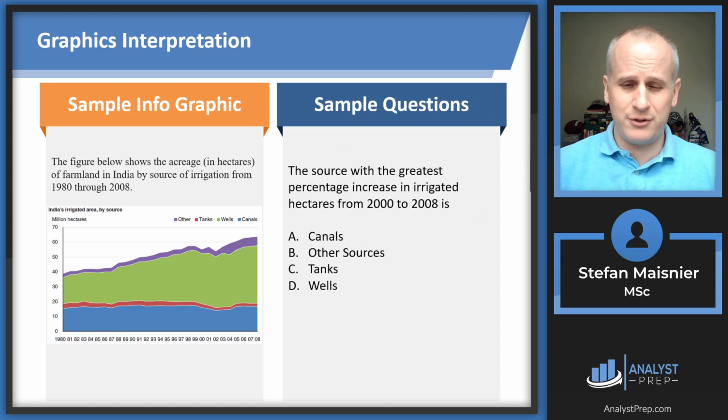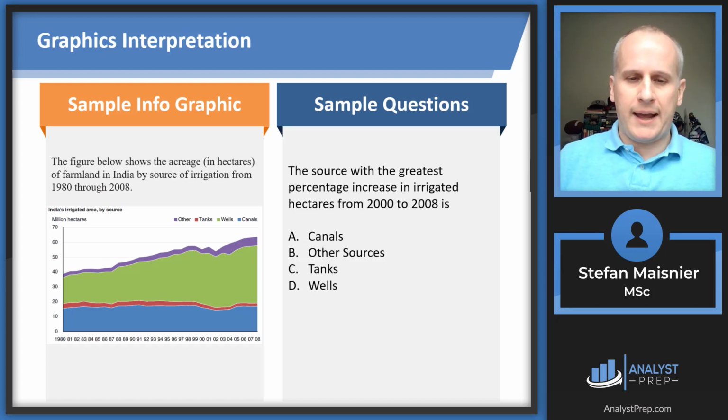So our first one here is just asking, what is the source with the greatest percentage increase in irrigated hectares from 2000 to 2008? So we have to just make sure we don't cut corners, right? So we know we're not being asked about the entire duration of the time period represented in the graphic.